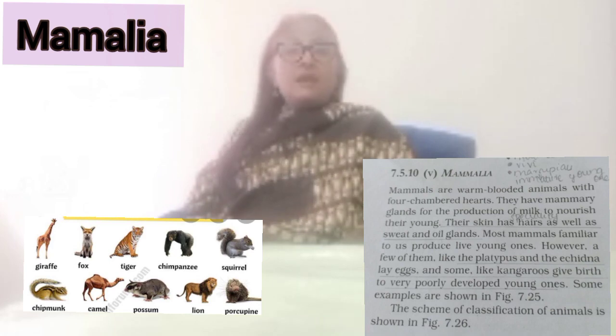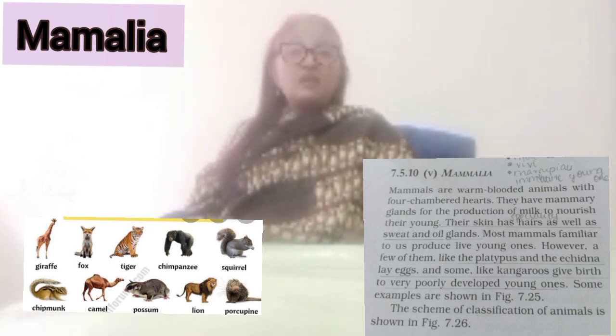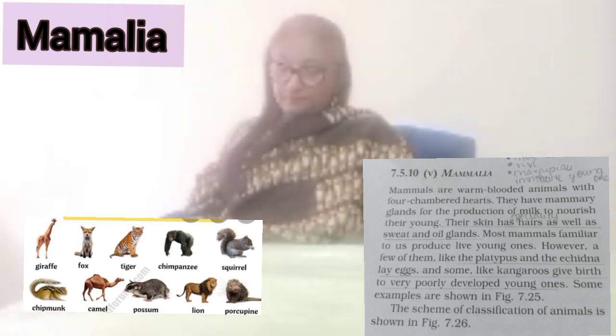They have mammary glands which produce milk to feed the young ones at the time of their birth. External earlobe or pinna is present. They give birth to young ones. But there are exceptions. Certain primitive mammals lay eggs, as in the case of echidna and platypus.